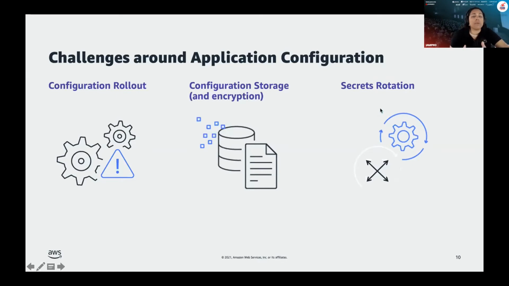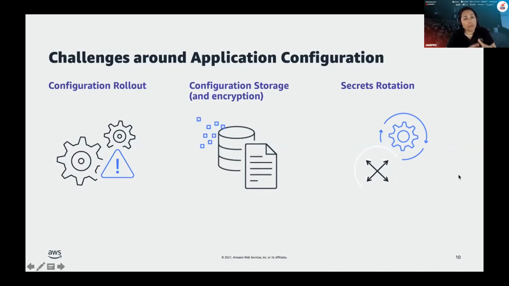And it is best to actually rotate these secrets continuously over a given period of time, because if these secrets get leaked, then we actually have an impact to our services, we have impact to user data, and we might want to minimize that impact by limiting the lifetime of those secrets. So we want to manage the life cycle of sensitive information, such as credentials, as part of our configuration.